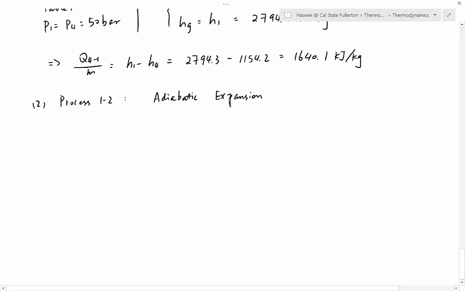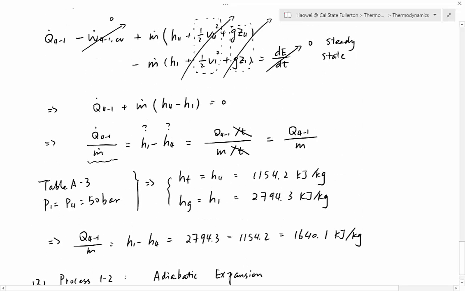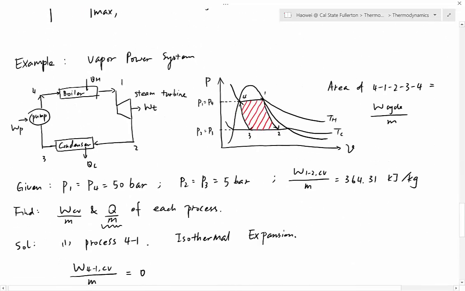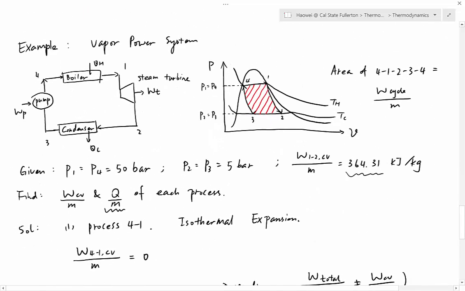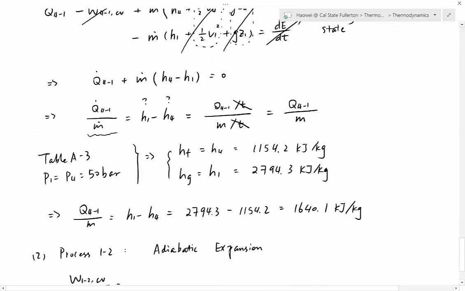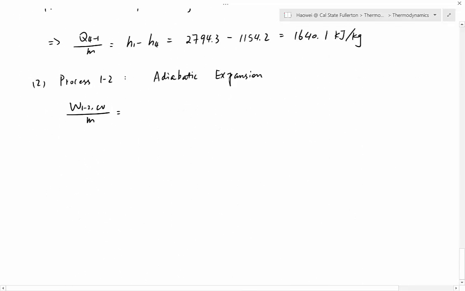So let's look for W122, control volume work per unit mass, first. What is it? It is actually already given. It's right here, given: 364.31 kilojoule per kilogram. So we just copy down this number, already given.